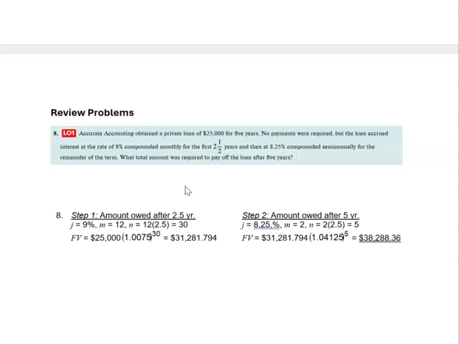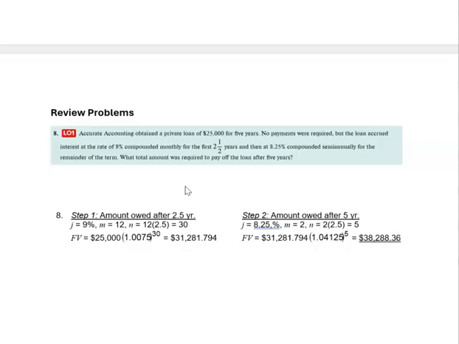Now in step 2, we need to figure out after the 2.5 year mark what it is going to equal given the next set of conditions, because it changes at the 2.5 year mark. Again, we're trying to figure out what the future value is after the next 2.5 years, because the total term is 5 years. So we've got our J, or annual or nominal interest rate, of 8.25%. Our M is 2 because it's being compounded semi-annually.